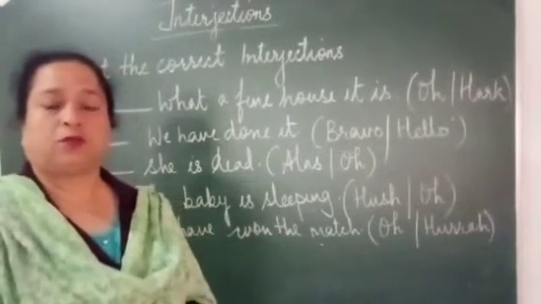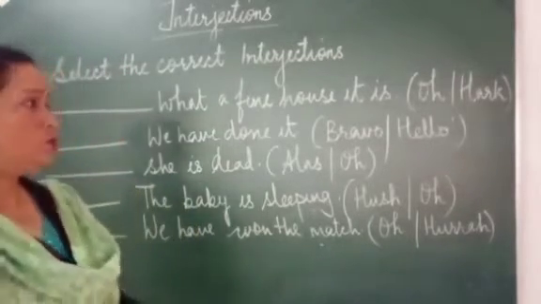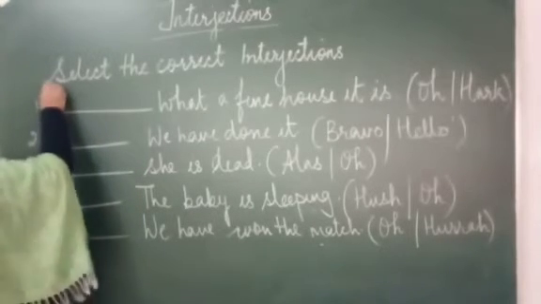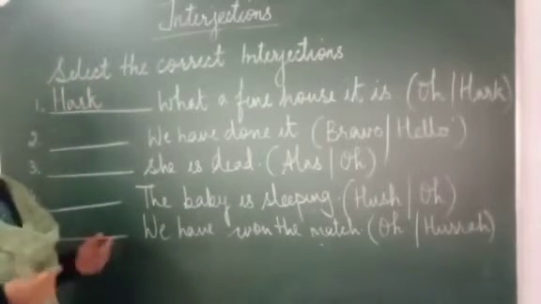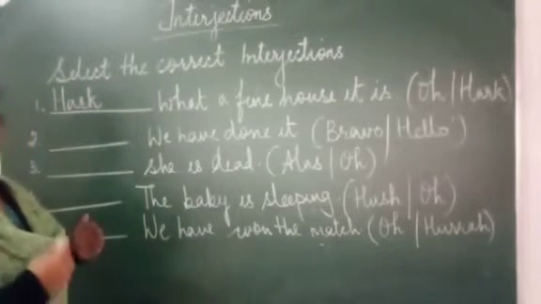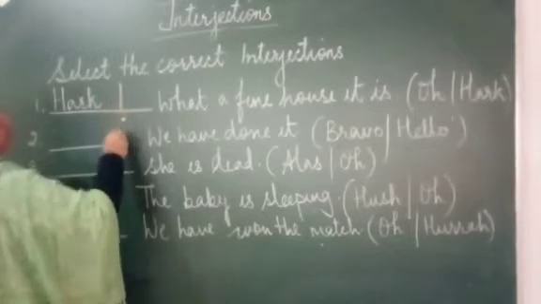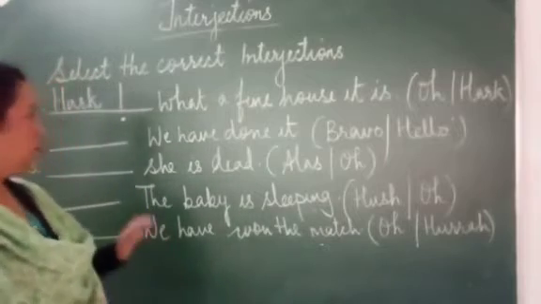Now what do I need to do? I need to notice the fine house that I am talking about. So what is the interjection that I am going to use here? Hark. That means look, notice what a fine house it is. I want someone to notice the house we are talking about. So after writing the interjection, I follow it with an exclamation mark.